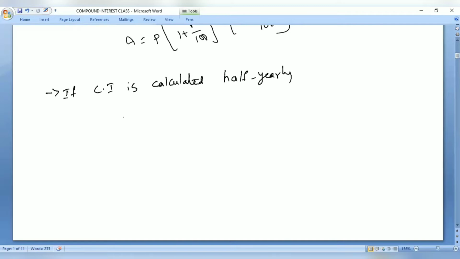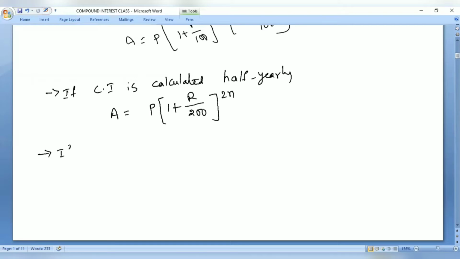then the formula for amount is equal to P into (1 plus R divided by 200) whole to the power of 2n.